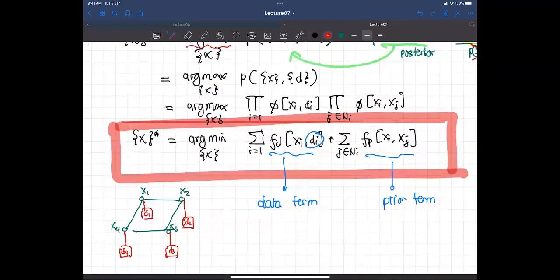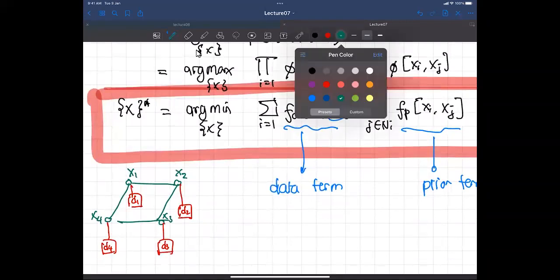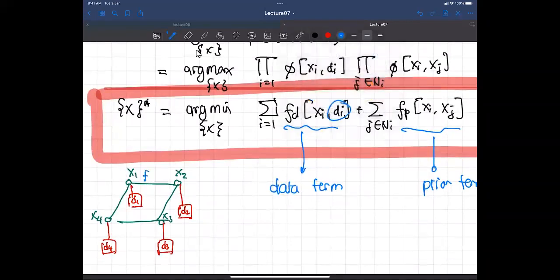Right. So in this graph, what is the value of the edges? The value of these edges here have something to do with FT and FP. So this one is FP x1, x2. The connection between x1 and x2, the edge there, is actually from FP x1, x2.